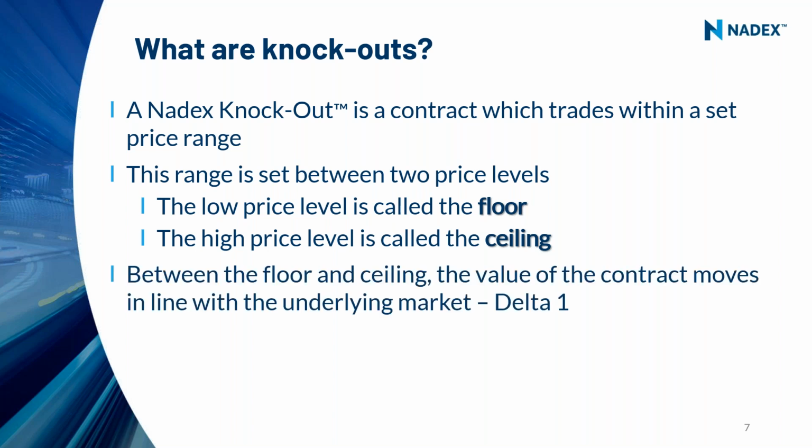Now, the contract itself will trade between the floor and the ceiling, and it will move directly in line with the underlying. So if you're trading an equity index, the S&P 500, the Nasdaq, the Dow, the Russell 2000, if you're trading a foreign exchange product, the euro dollar, if you're trading a commodity, oil, gold, silver, you're trading the price of the contract.